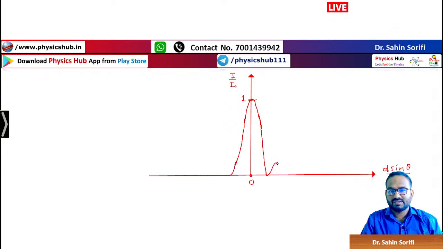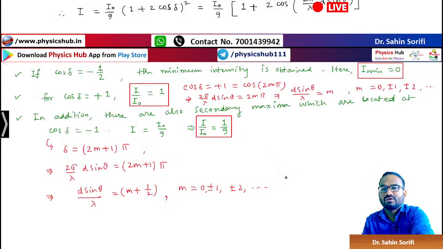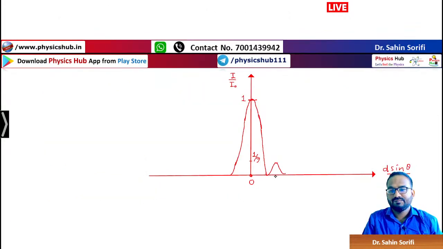Again, here you will be getting a secondary maxima, and this intensity will be 1 by 9. If this is 1, this value will be 1 by 9, and as you can see, this is obtained for, let's say if you put m equal to 0, you will get half. So this value will be 0.5.